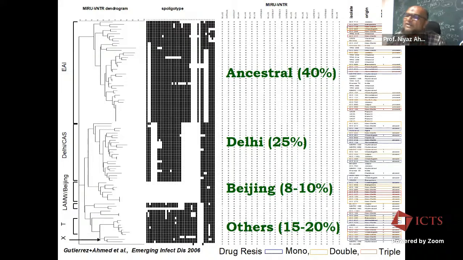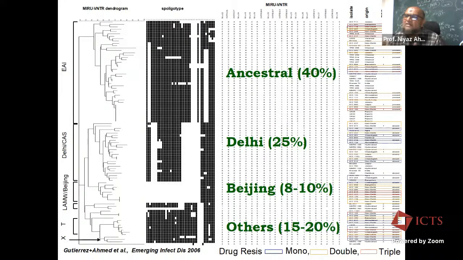Then we come back again to the ancestral evolution of bacteria with this background, seeing the different lineages that we see in mycobacteria. So when we dissect the population of mycobacteria circulating in this country, in India, what we did long ago together with Pasteur Institute in Paris, we had a program whereby we took isolates from all over India and then sequenced them, genotyped them carefully, also with respect to some of the polymorphisms and direct repeat regions.